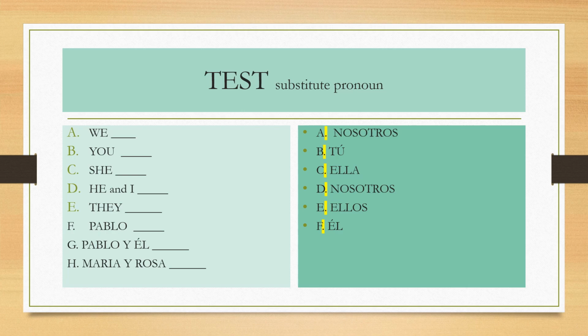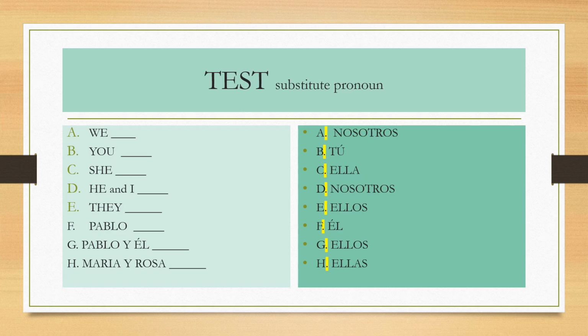So if you want to say Pablo and he, you should say in Spanish, ellos, they, right? You're not including yourself, so it's not nosotros. It is ellos, they. And in H, you have two people, Maria y Rosa. And you should substitute that for ellas. These are girls, so you have to use the feminine form of they, which is ellas.